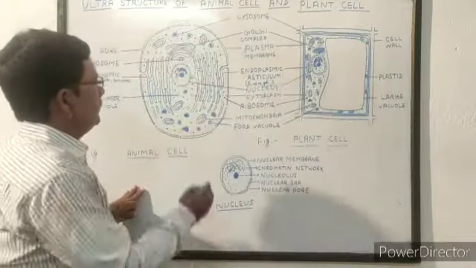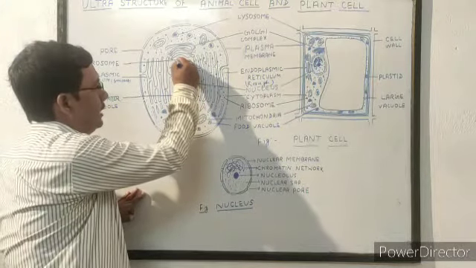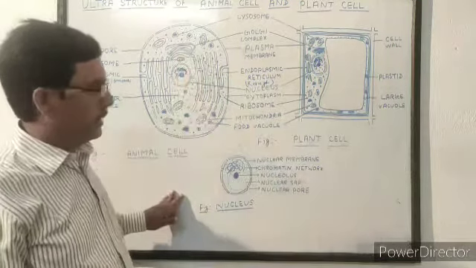The centrosome is mainly concerned with cell division. It forms a spindle fiber during cell division through which chromosomes attaches.